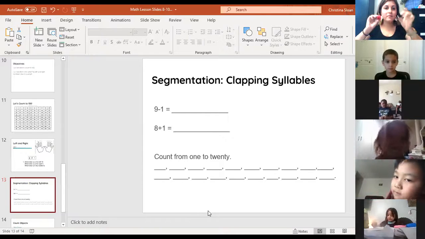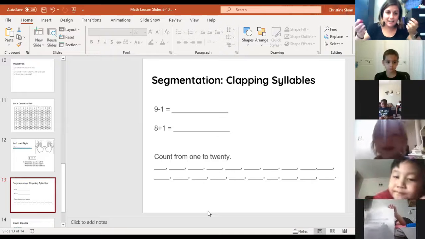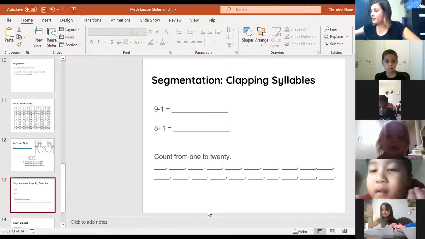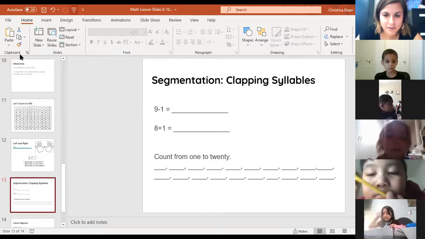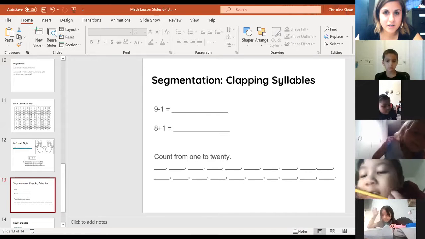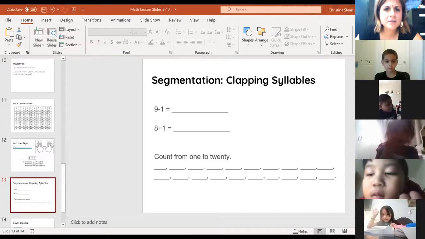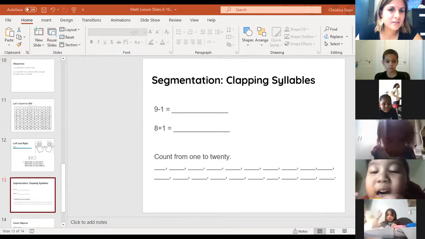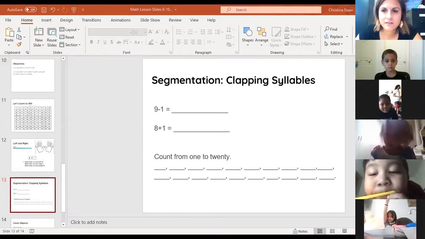All right, so we have these cubes, but since we're not in class right now, you guys can't use these cubes with me, so I'm going to use them on the computer. Does everyone see the cube on the computer now? No?